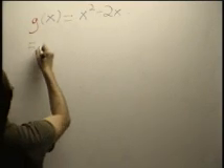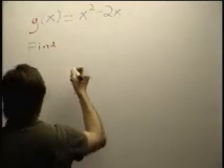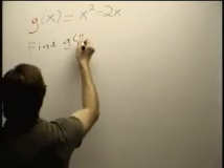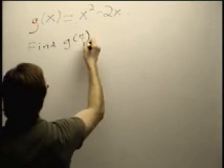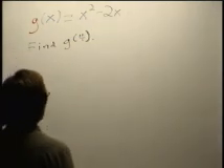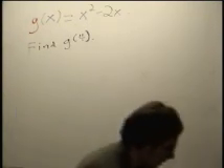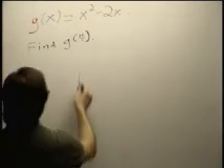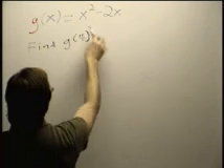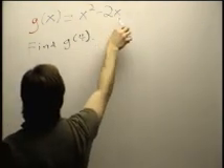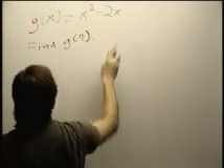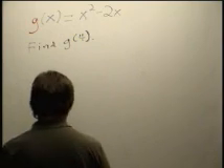So find g of 4. Well, the way we do that is we're going to take this 4 and substitute it into our function formula wherever we see an x.